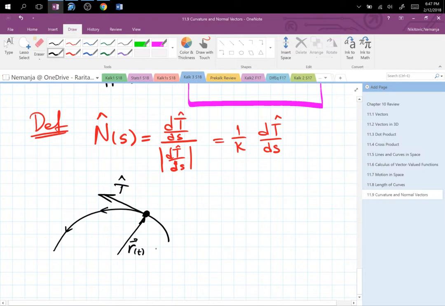And then the normal vector, which is 90 degrees to it, shows the direction in which you can escape from the curve the fastest, right? So if you take another direction, let's say this one, and you measure 1 inch this way and 1 inch this way, this 1 inch here is going to be much closer to the curve than this 1 inch here.